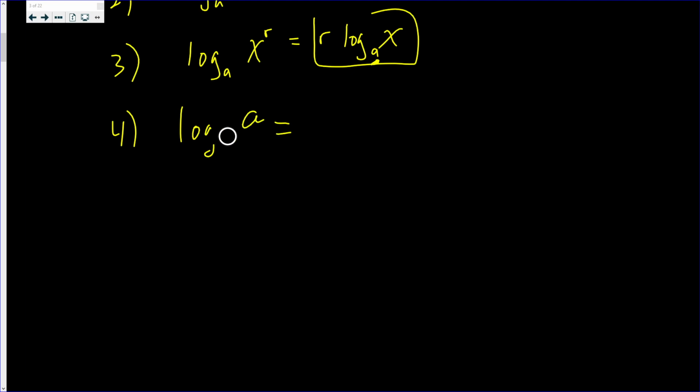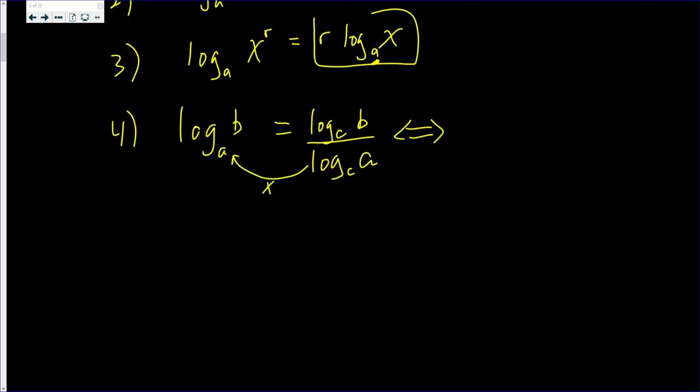So you have log base c of a. Well, let's stay in alphabetical order. Log base a of b. This is equal to log base c of b divided by log base c of a. Now, this might be a little bit hard to prove, but if it's true, then that product is equal to the numerator, just like 2 is equal to 10 over 5, and 5 times 2 really does equal 10.